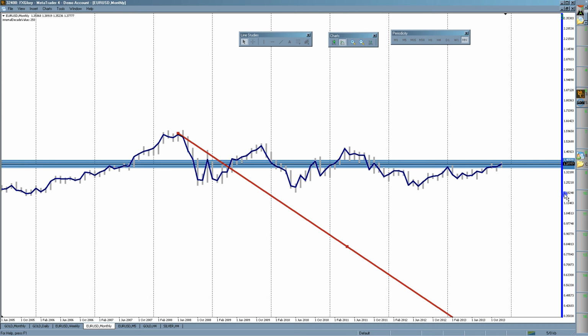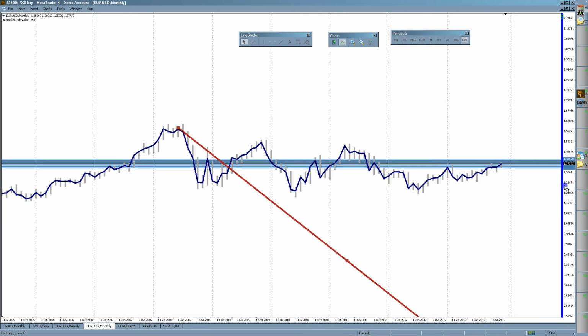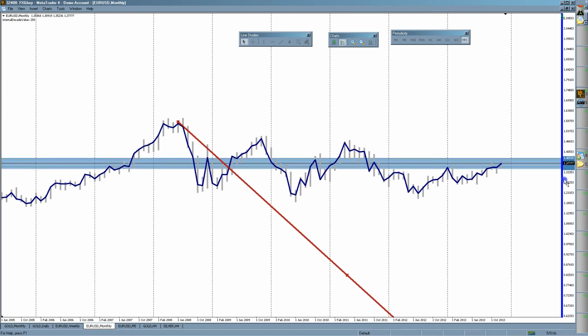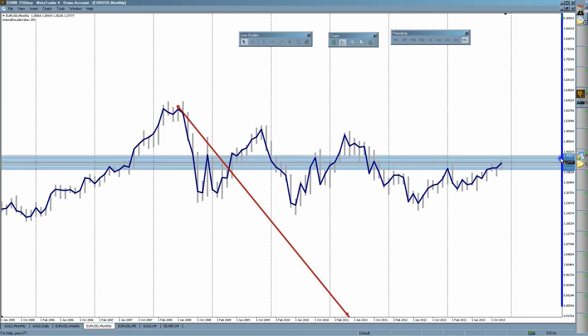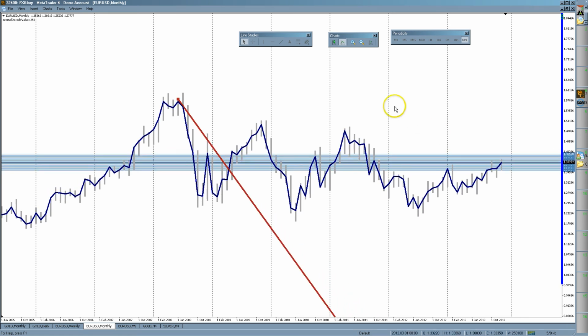Now I put 25 pip handles in the center here, so it's as if we're pivoting in this window from way back in 2007. So yeah, we're breaking out of a triangle that we broke out of on this monthly. So, duh, now what?